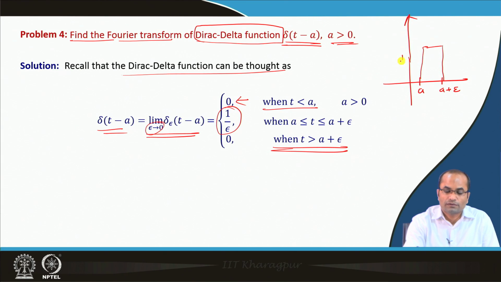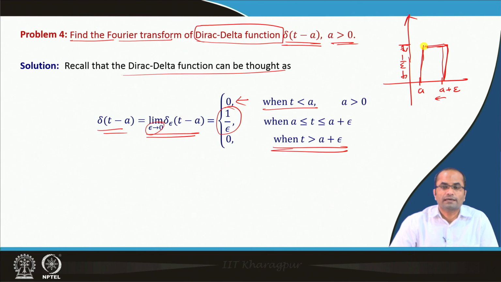So, as epsilon goes to 0, the height of this rectangle will increase, and this peak will go to infinity.